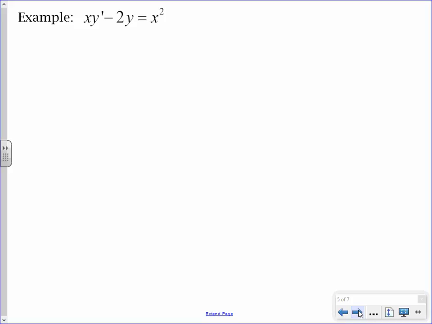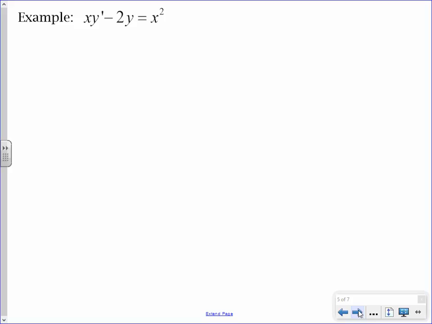First of all, we need to recognize that we can't separate the variables, right? That should be something that you can recognize just by looking at that. There's not going to be a way to separate the y from the x because dy dx is being added or subtracted to something with a y. So, how do we get this into standard form?